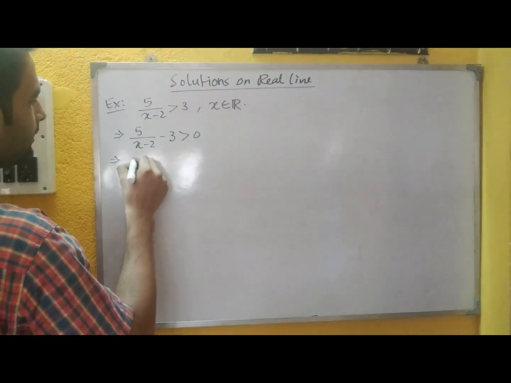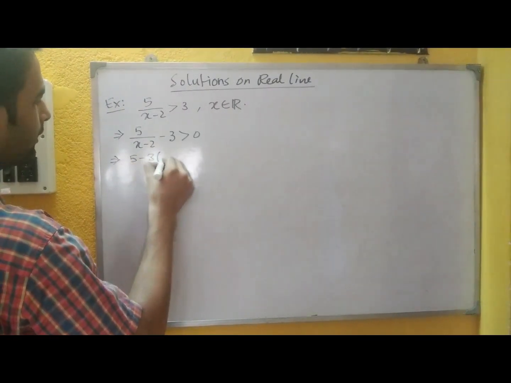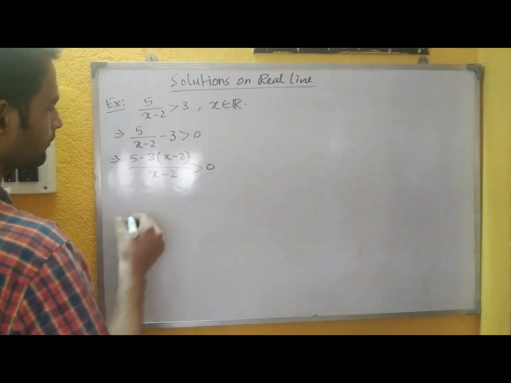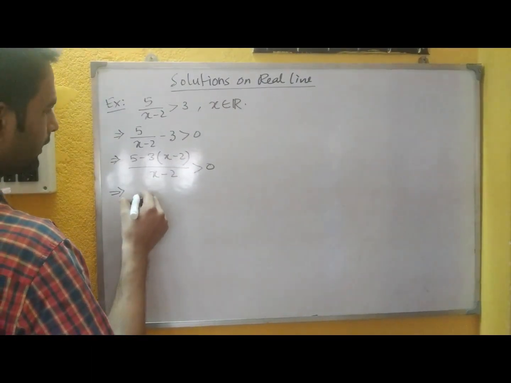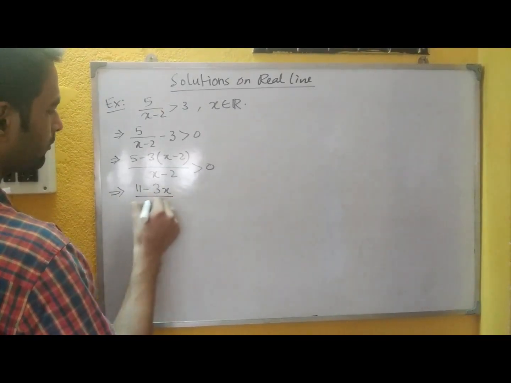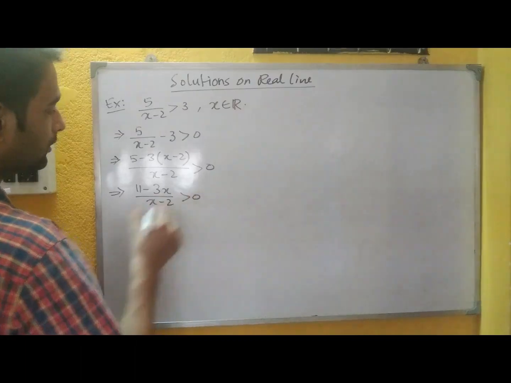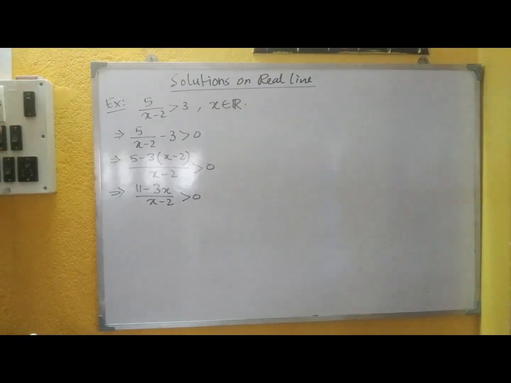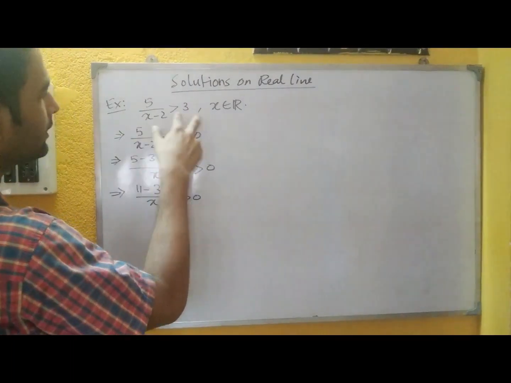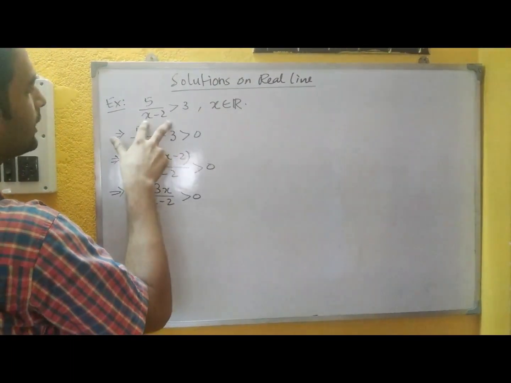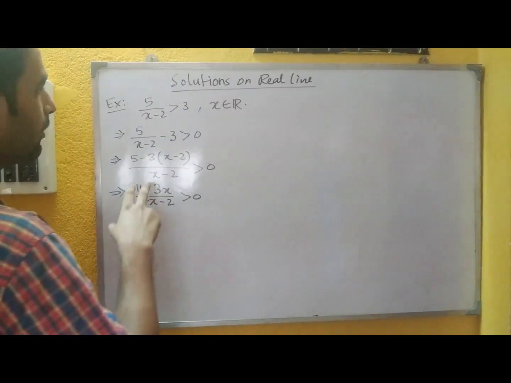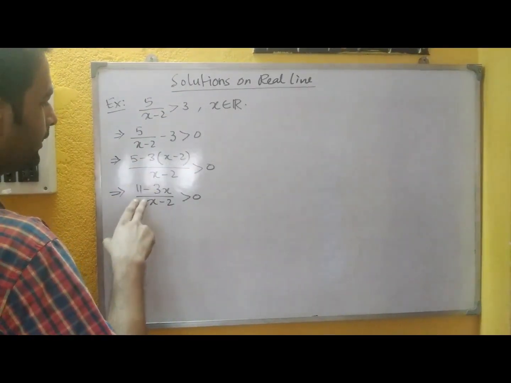Then you make the LCM. So we will get 11 minus 3x. See the calculations also. Okay. One thing to remember: we will not take this x minus 2 to this side because we don't know the sign of x minus 2, whether it will change or not.